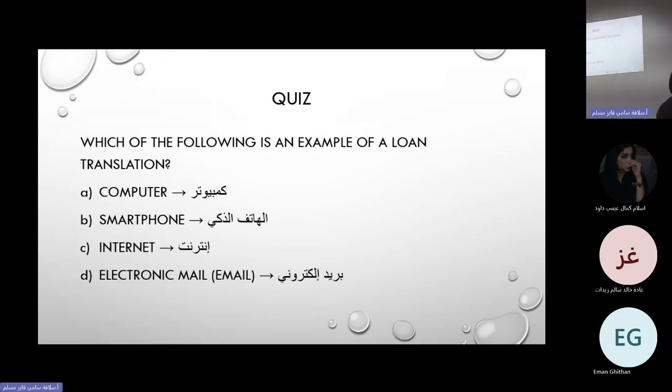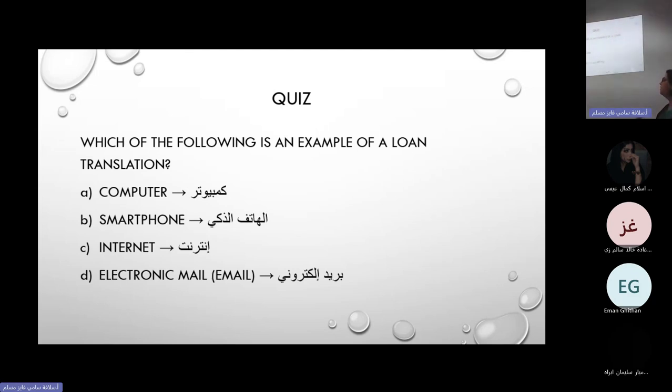Which of the following is an example of loan translation? Computer, smartphone, the smart phone, internet, and electronic mail, email, or email, or electronic mail.